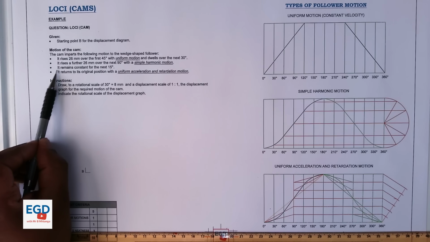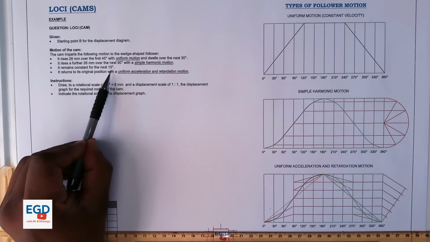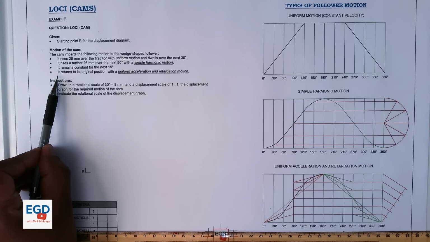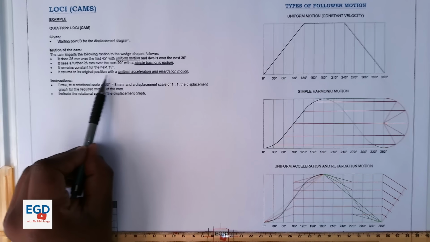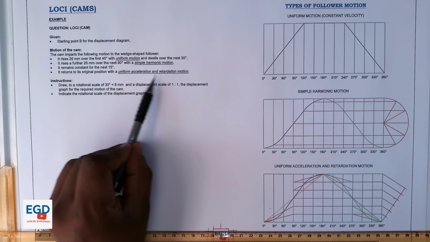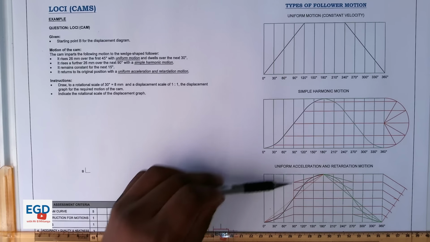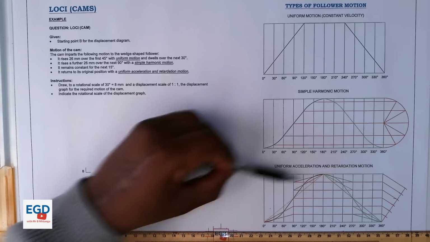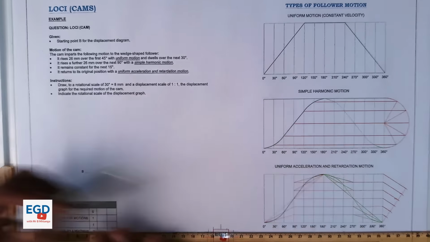And then it remains constant for the next 15 degrees, which means there is no change there. The last point, it returns to its original position with a uniform acceleration and retardation motion. So at the end of the diagram we'll have something similar to this curve here.